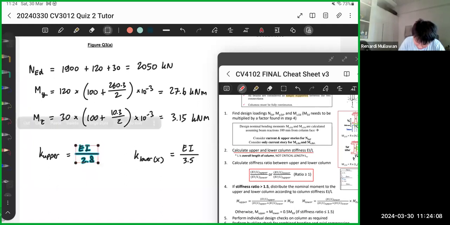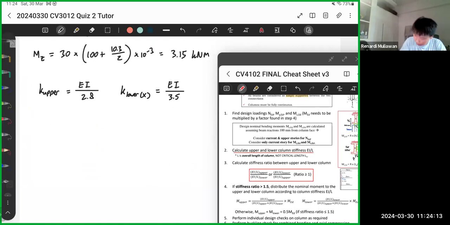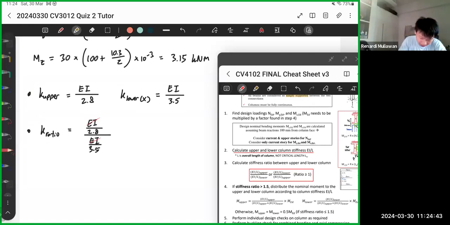Now we check the ratio. K ratio is equal to EI divided by 2.8 divided by EI divided by 3.5. The EI cancels out, so you will get 1.25.